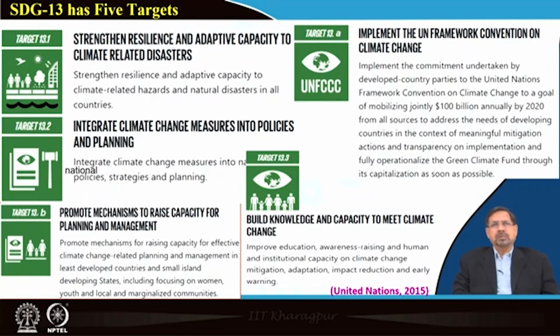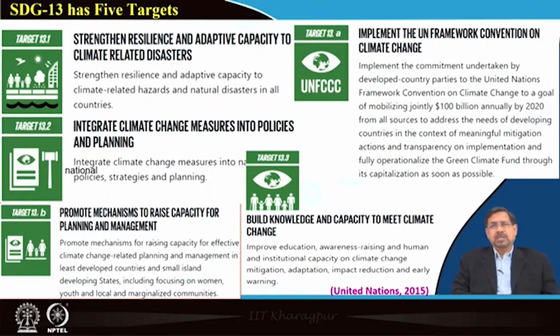Now, let us move on to the 2 additional targets, target 13A and 13B. 13A talks about implementing the UN Framework Convention on Climate Change, the UNFCCC. What does it exactly mean?